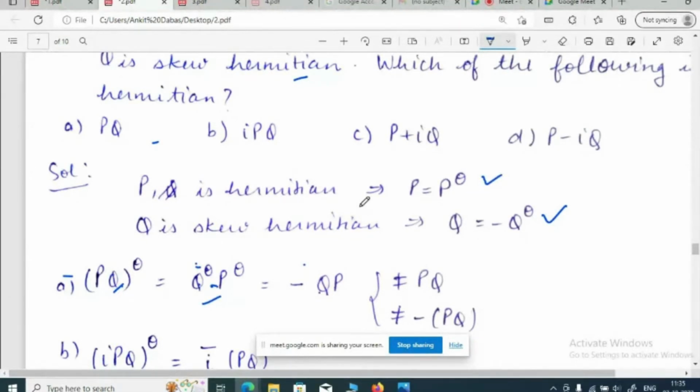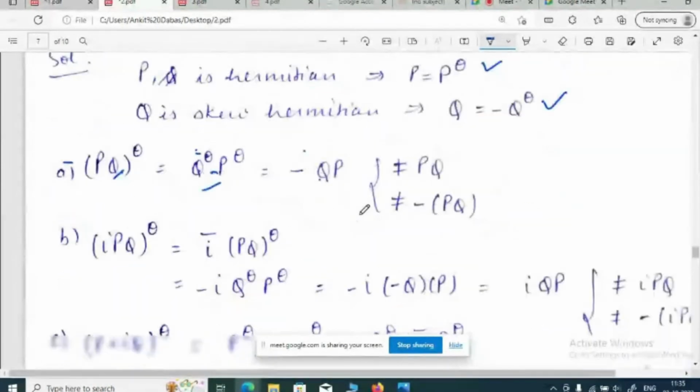Because Q is Q Hermitian, Q conjugate is equal to minus Q and P conjugate is equal to P, which is not equal to PQ. It is neither equal to PQ nor equal to minus PQ. So we cannot conclude that PQ will be a Hermitian matrix.